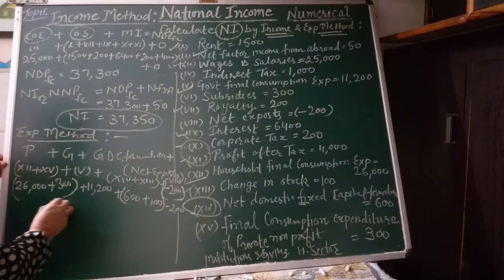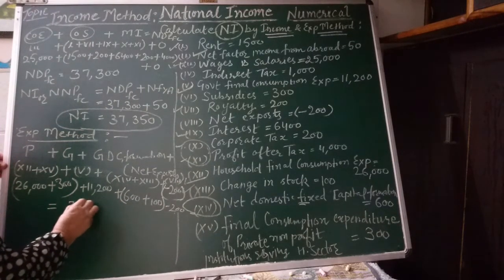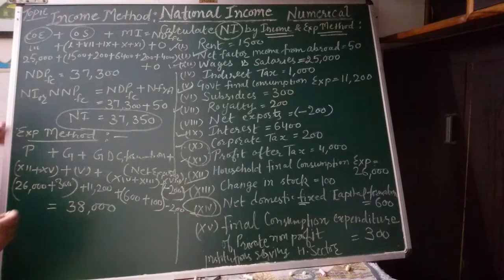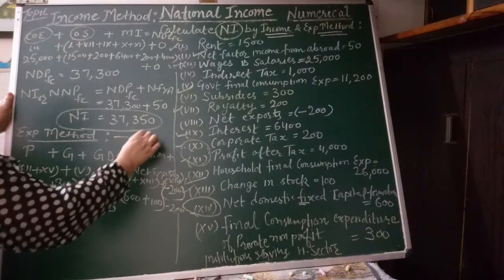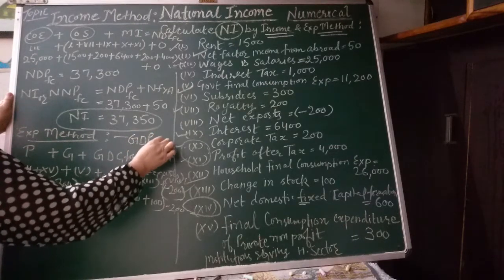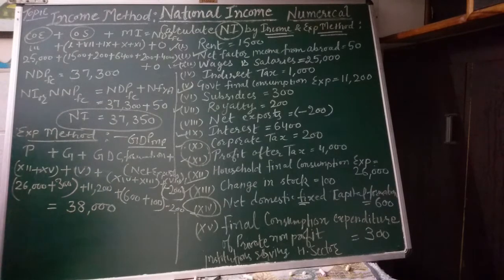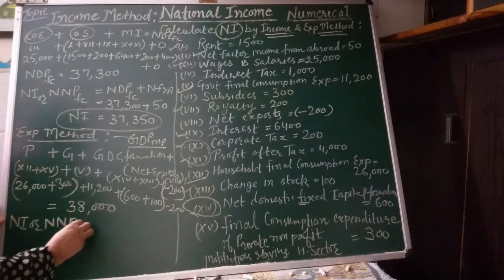So if we sum up all these values, we get 38,000. So this is GDP at MP, because by these four components, by expenditure method, we calculate GDP at MP, and we have to calculate national income or NNP at FC.